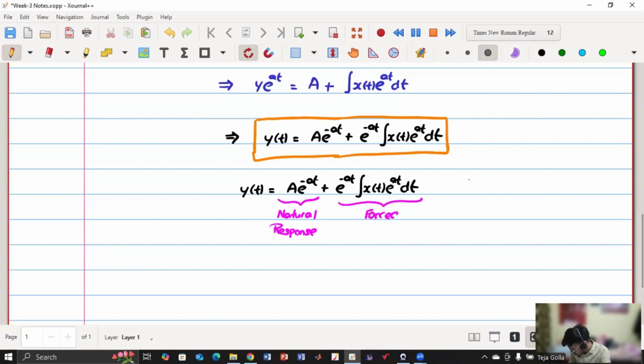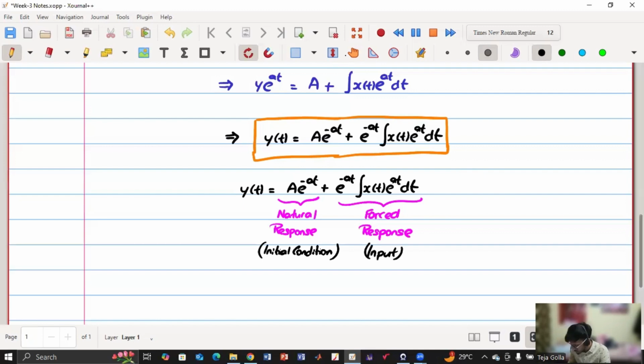Why? Because the natural response is dependent on the initial condition. And this term, the forced response, is dependent upon the input.